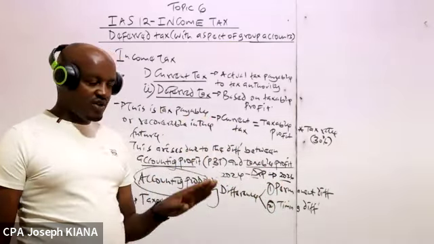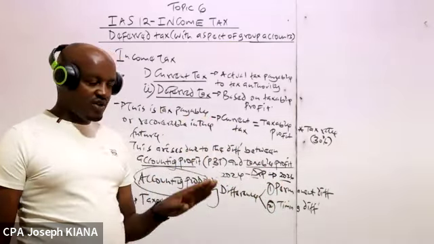The second term, number 2, is the tax base, abbreviated as TB. Tax base, on the other hand, is the value of an asset or liability for tax purpose.